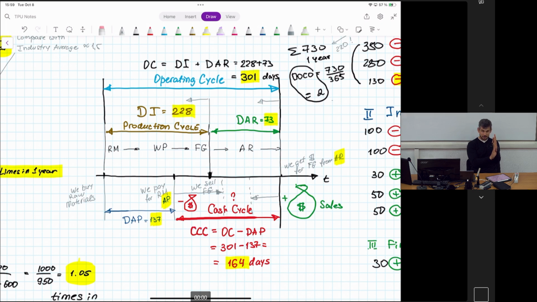In other words, you receive money from your customers, and then you pay for your raw materials. So that's a perfect situation. Make it zero. So just this picture tells you how you can manage your assets. So that's why it's asset management ratios, because you can use this information to manage your assets.